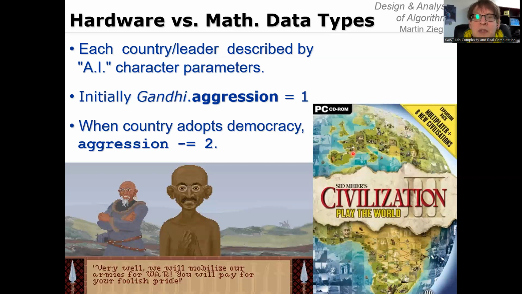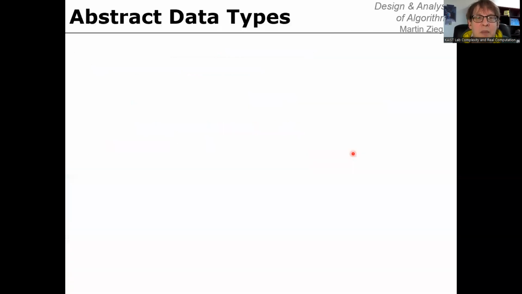So that's again an example of a difference between hardware data types, the way that arrays are implemented in hardware on the one hand, and on the other hand, finite sequences, which would be the mathematical counterpart to hardware arrays. And accessing a finite sequence beyond its specification, its definition, is of course mathematically undefined, and computers may or may not detect that depending on the hardware details. So long story short, be aware of the difference between hardware and mathematical data types.